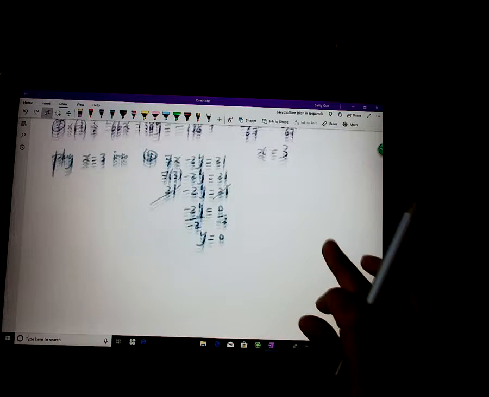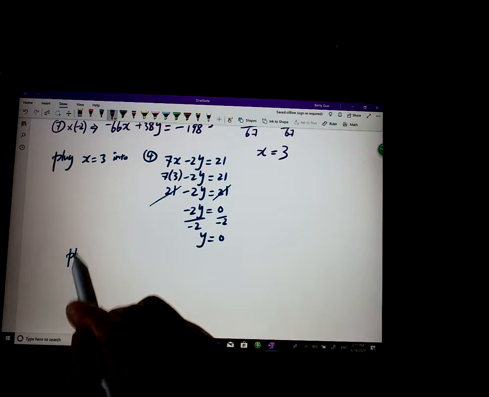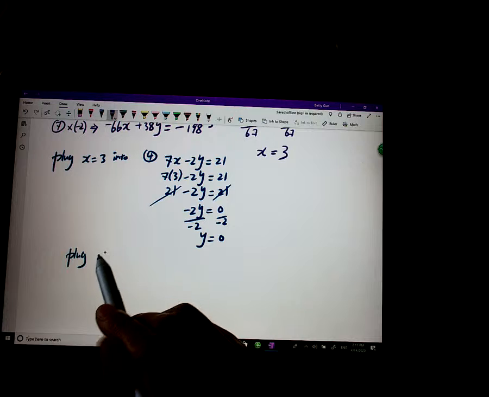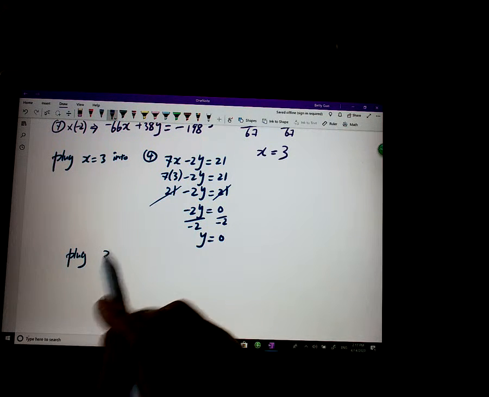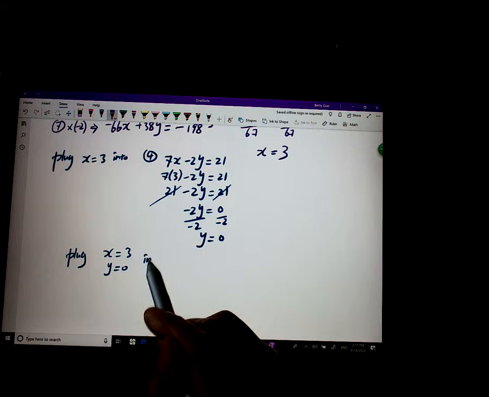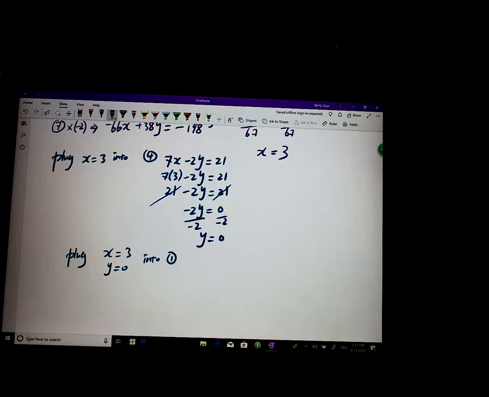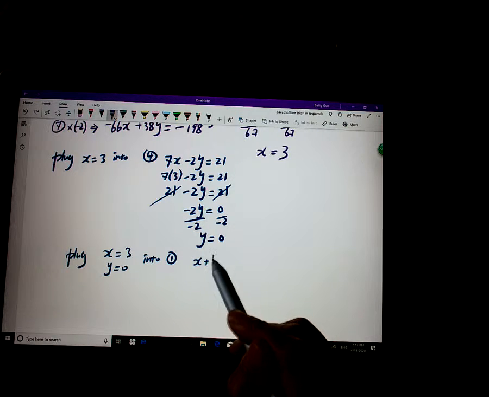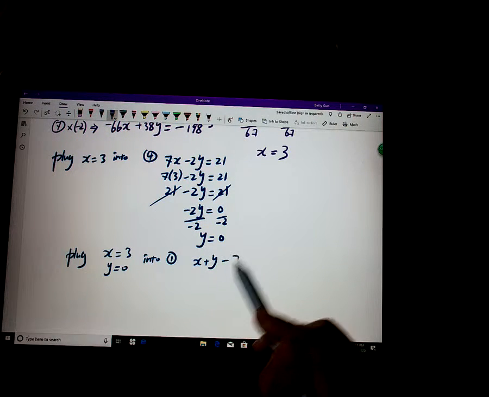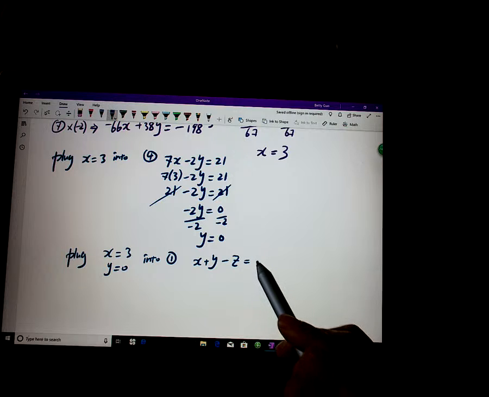Let me copy equation 1. We're going to plug the values for x and y into equation 1. Plug x equals 3, y equals 0 into equation 1. Equation 1 is x plus y minus z equals 1.